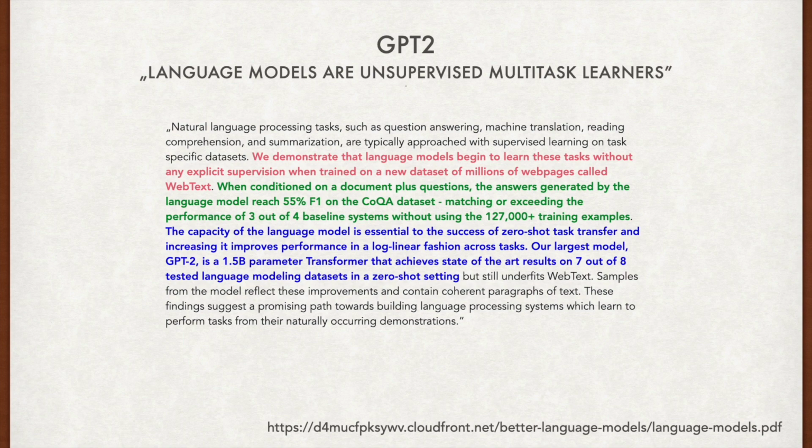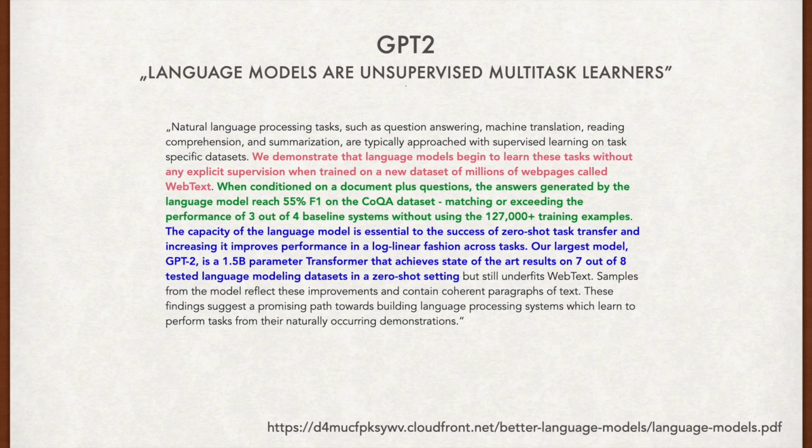Natural language processing tasks, such as question answering, machine translation, reading comprehension, and summarization, are typically approached with supervised learning on task-specific datasets. We demonstrate that language models begin to learn these tasks without any explicit supervision when trained on a new dataset of millions of web pages called WebText.